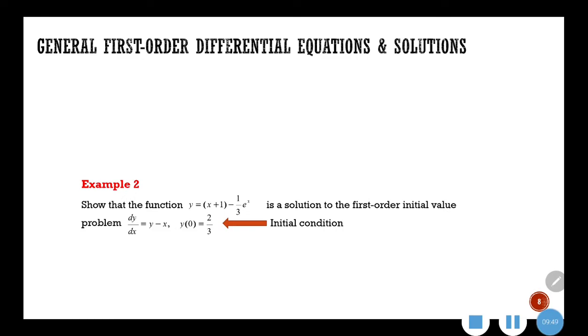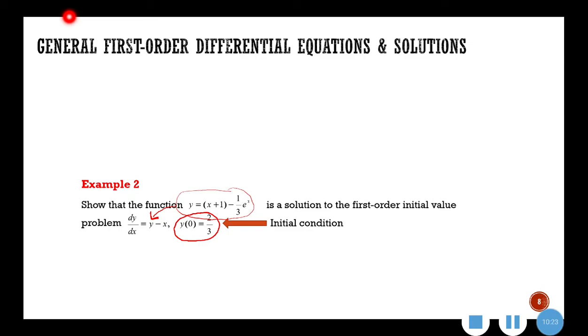This one we do not call a general solution, because this solution only satisfies the differential equation dy over dx equals y minus x for the case y0 equals 2 over 3. So it only satisfies when y0 equals 2 over 3, for the condition where when x equals 0, y equals 2 over 3.